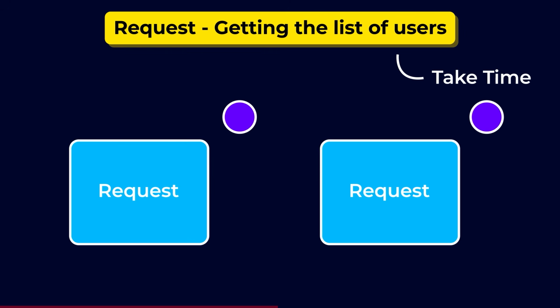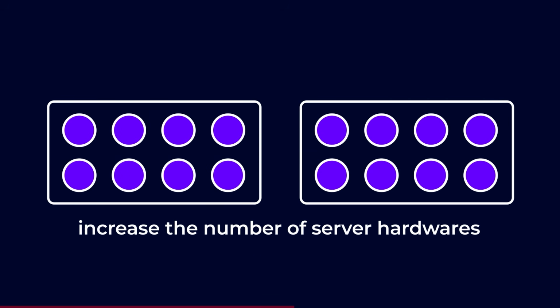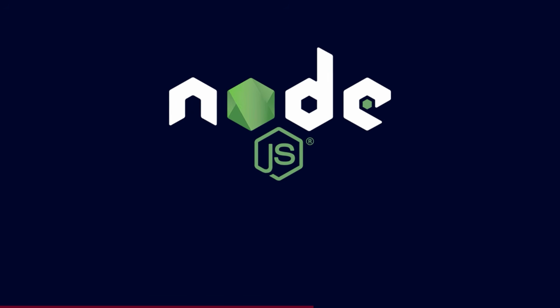Now imagine on our server there are 1000 requests. Should we create a thread for all those requests? If yes, then we have to increase the number of server hardware, which is really costly and slow. So that's why applications built on ASP.NET or Rails need more servers and more maintenance. Now at that time, Node comes into the picture.